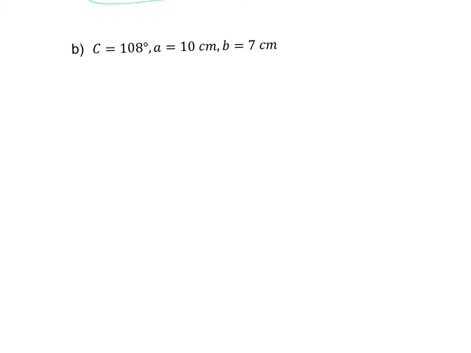So this might be a side-angle-side, but I'll draw a picture so that we can see what type of triangle it is, just to get some clarity. I'm not drawing it to scale. Let's say this is A, B, and C, and this angle is 108.